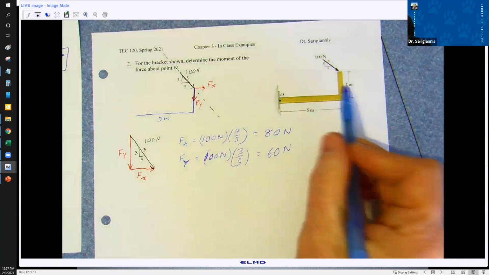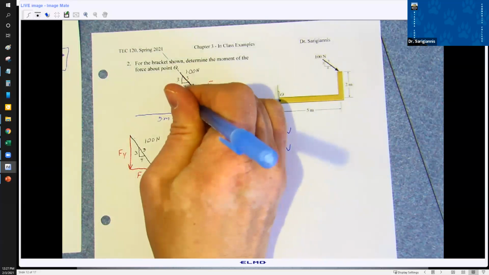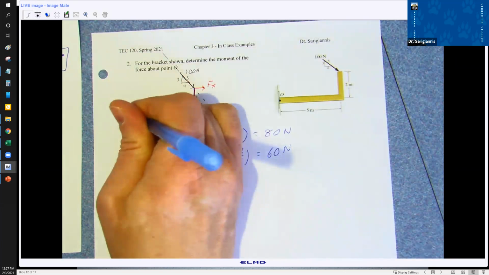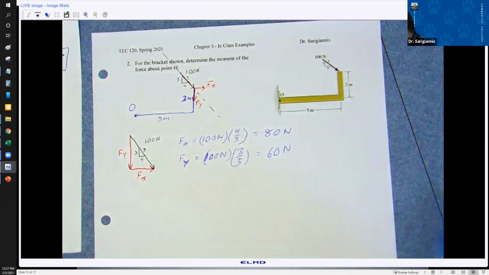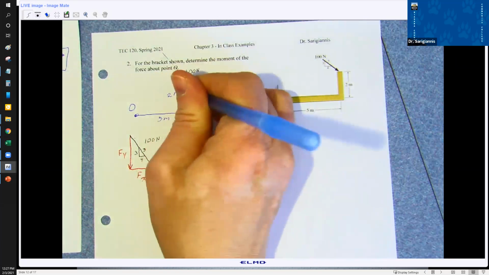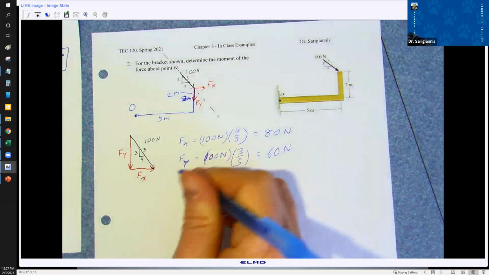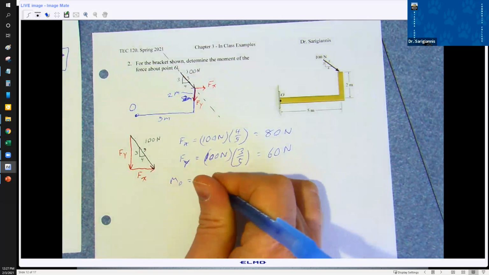Now the perpendicular distances are easy because we've got 2 meters here. Here's our O, 2 meters. So now our moment about O is going to be the sum of the moments.